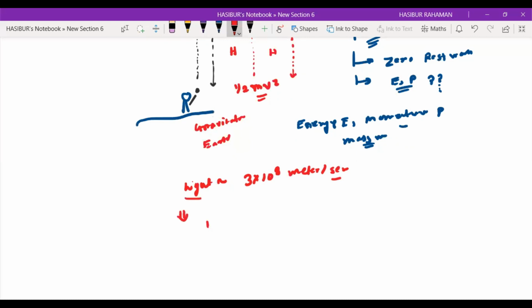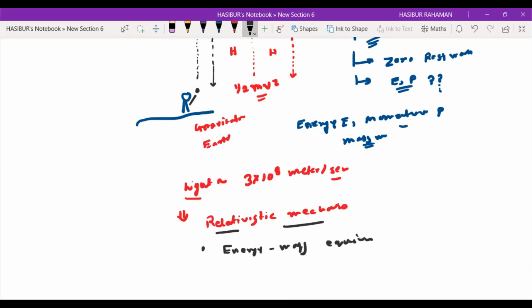So relativistic mechanics is useful here. In relativistic mechanics, there are a few important things like energy-mass equivalence. If an object has mass m, it will be associated with the energy E equal to mc square.